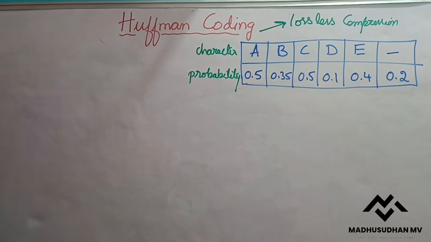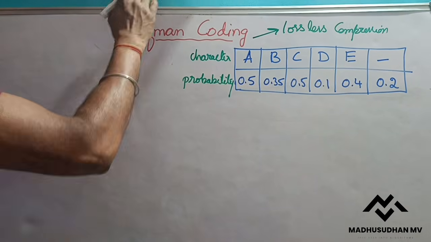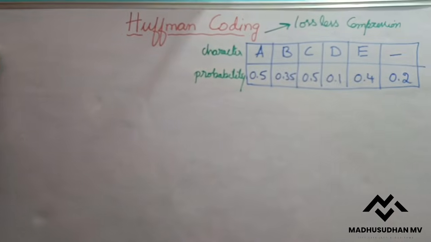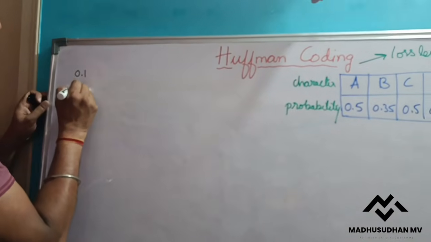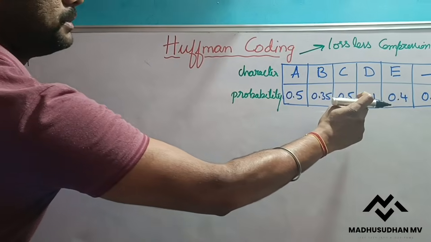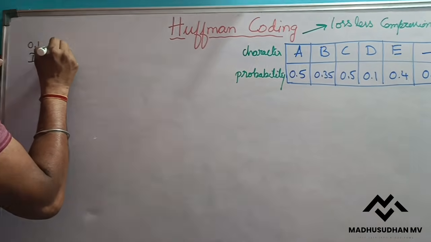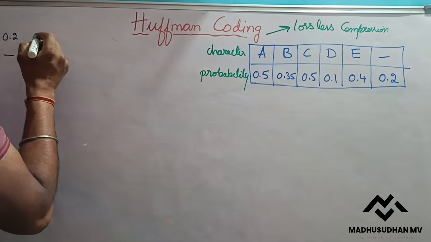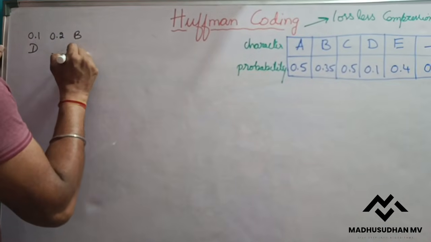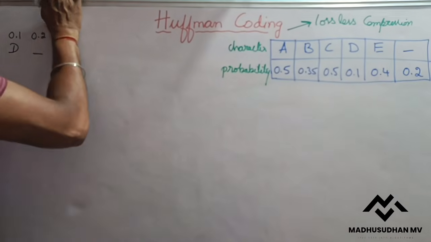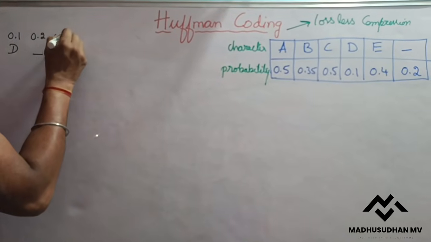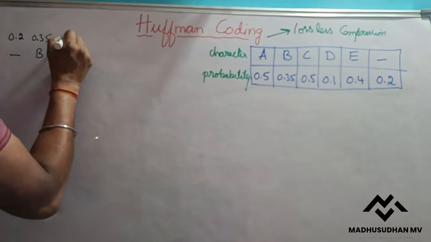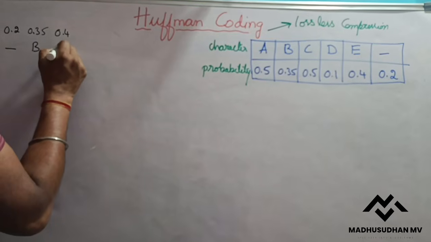The minimum is 0.1, which is D. Next is 0.2, which is the underscore. Then 0.35, which is B. Next is E, 0.4.